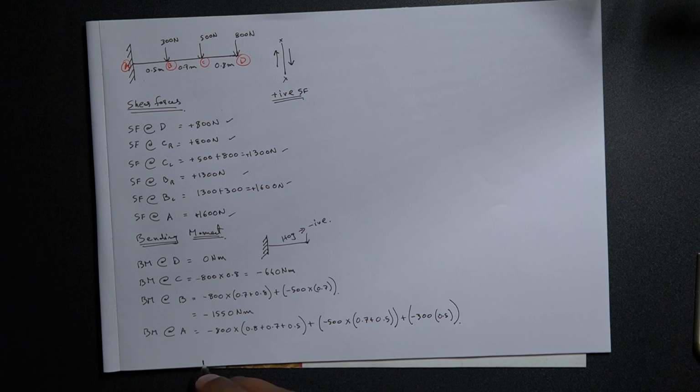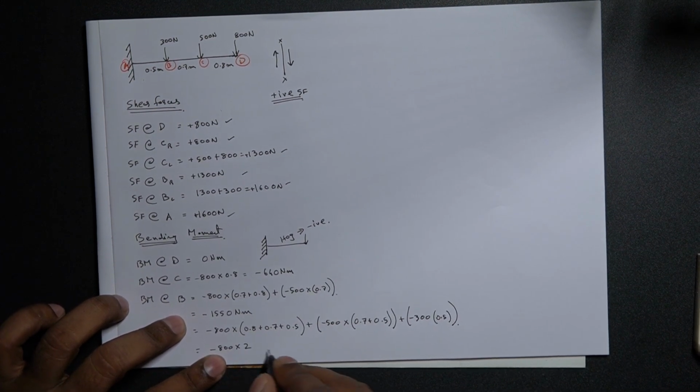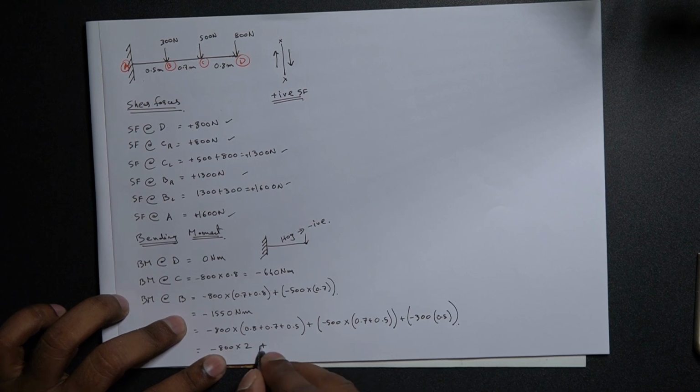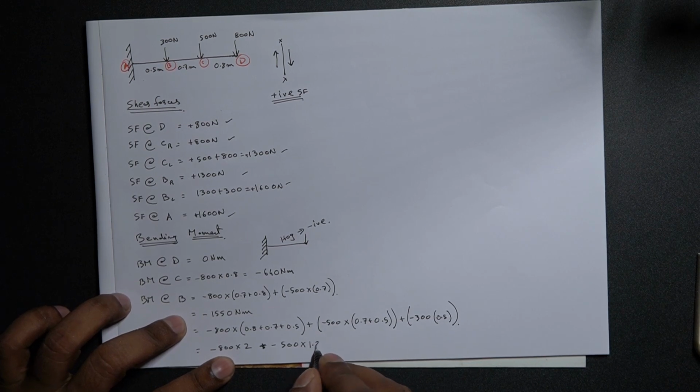Plus and minus minus, so all this would sum up to minus 800 times 2 plus and a minus, so that's minus 500 times 1.2 minus 300 times 0.5.